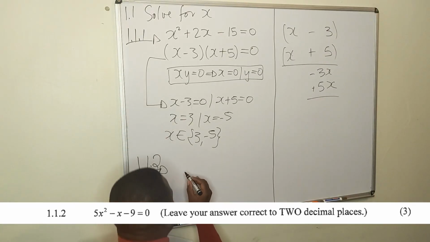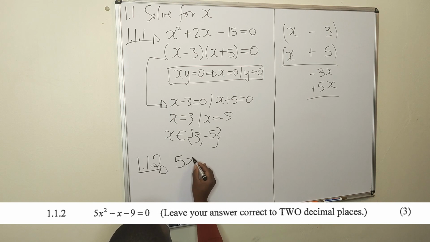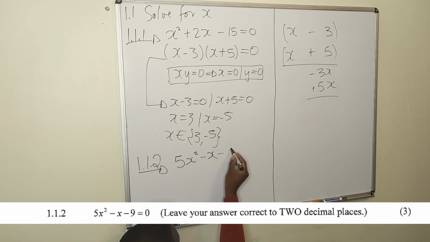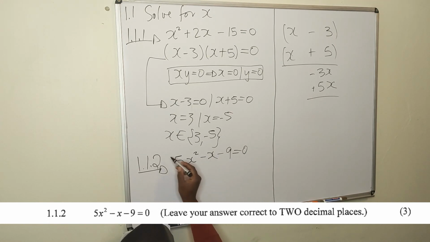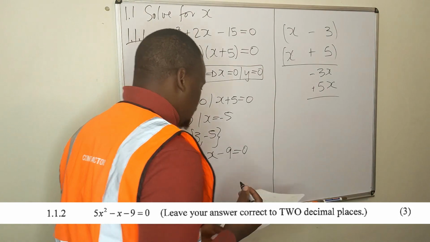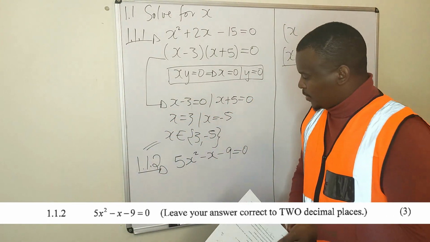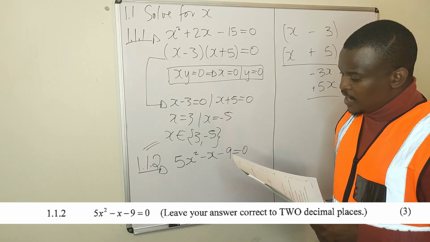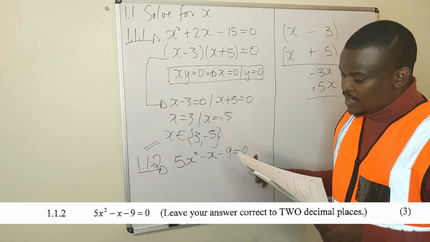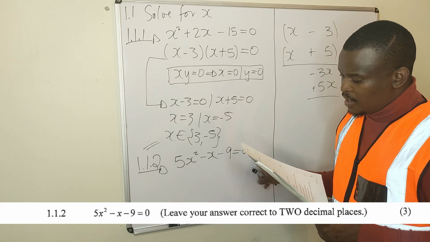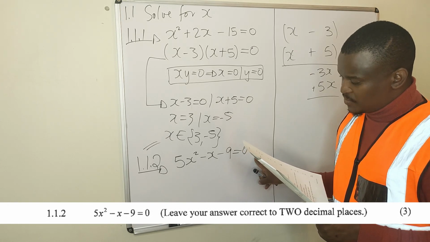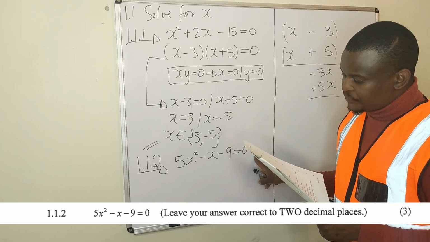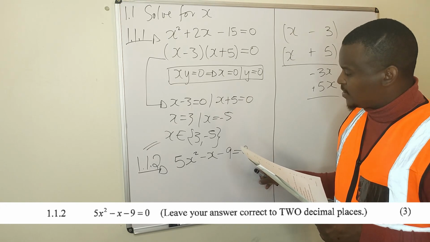We are given this equation: 5x squared minus x minus 9 is equal to 0. We're solving for x here as well, and there's also a note next to this: leave your answer correct to 2 decimal places.